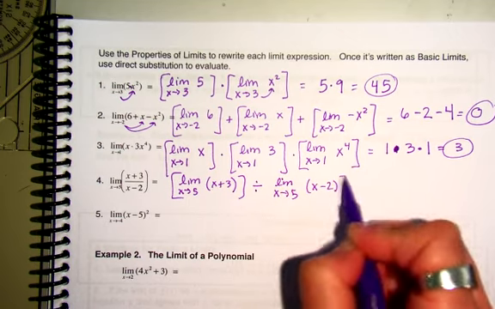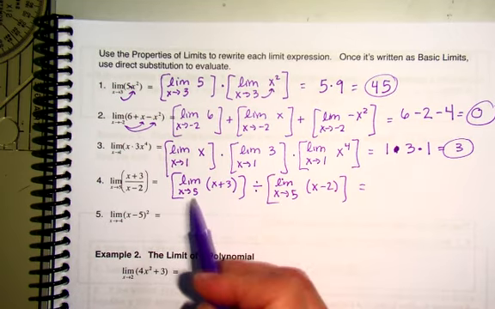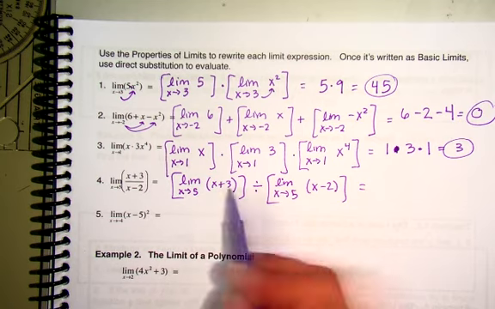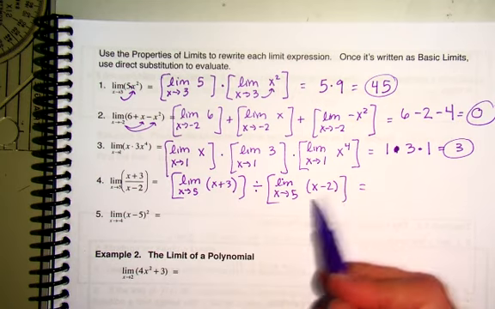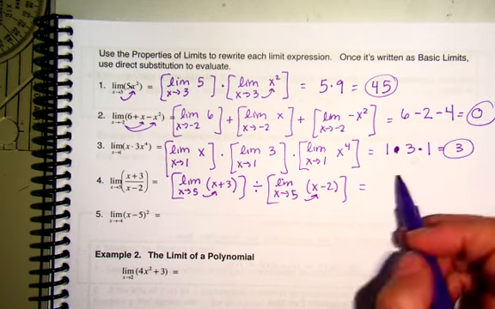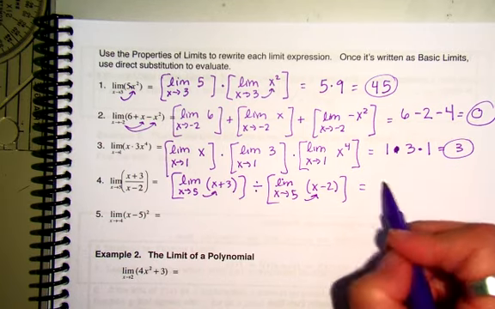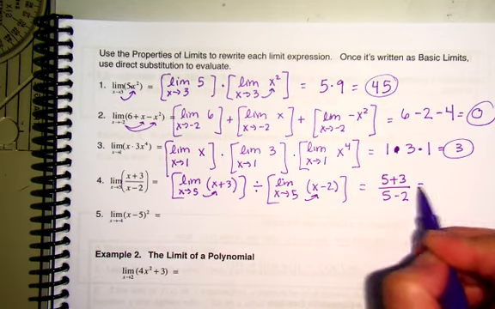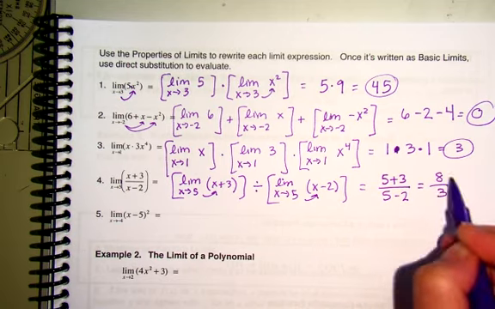Right, just a division problem. For this first one, I can split that up again into addition, and I could split this one up again into subtraction and go from there. In the interest of time, we're just going to plug in. And what will I get? I'll get 5 plus 3 divided by 5 minus 2, and I'll get 8/3.